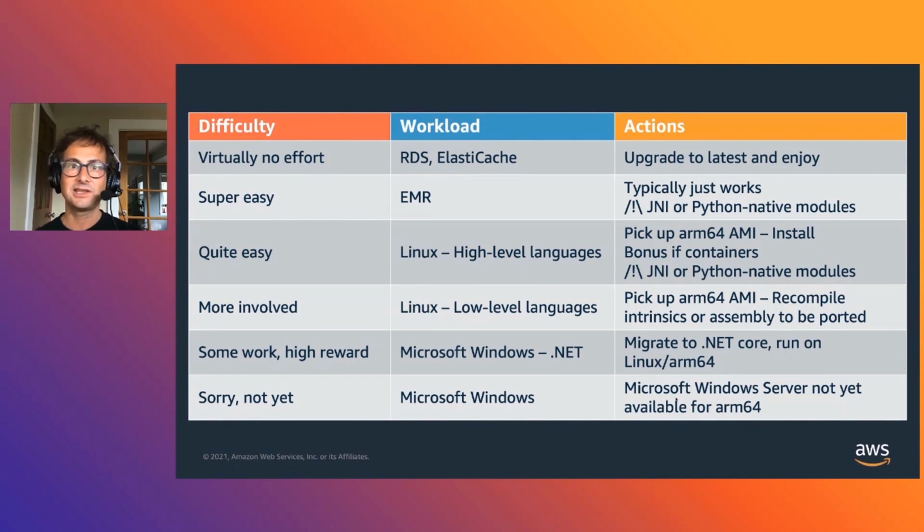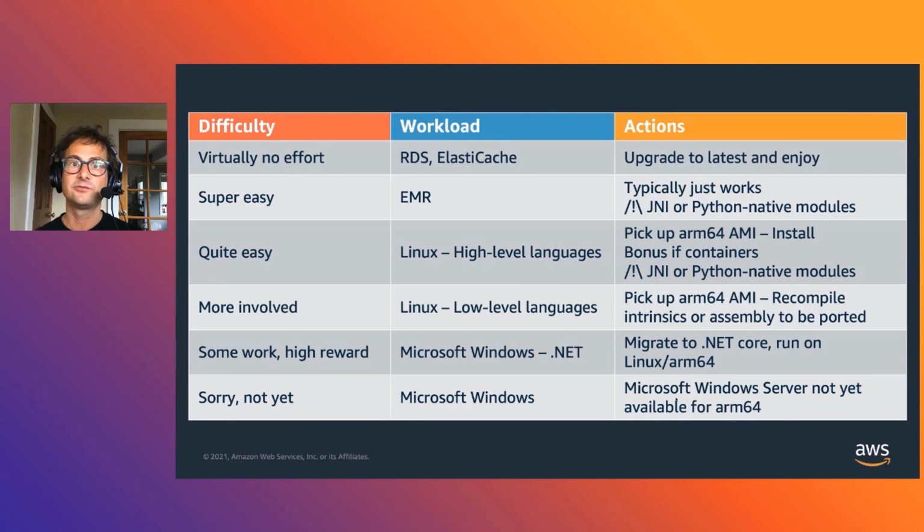And usually, unless you're using some really specific platform features like intrinsics or handwritten assembly, in which case you would have to port them, for most of the application, that's going to be a straightforward recompilation.